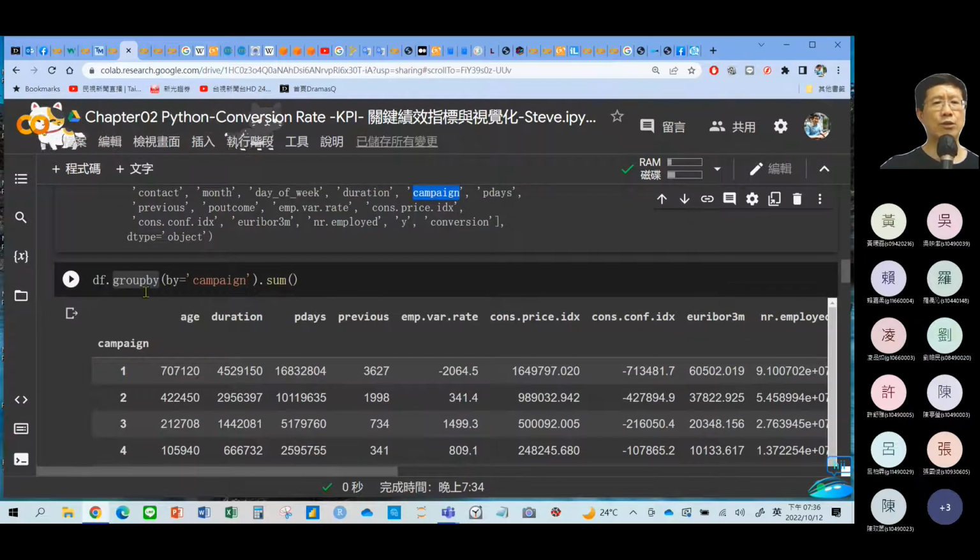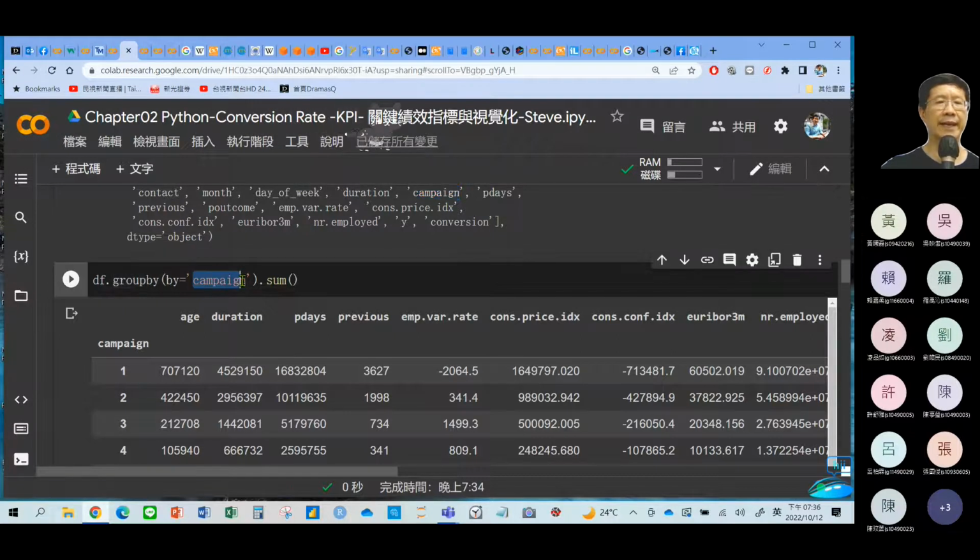Okay, so I would like to calculate the campaign for the group by. Okay, so we group by this variable campaign. And I would like to sum up all the numbers.